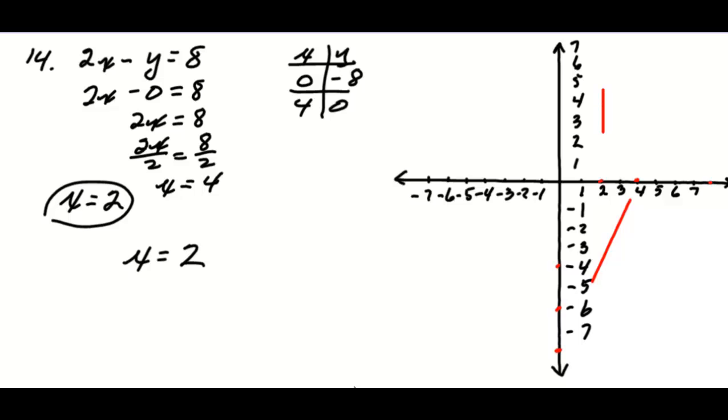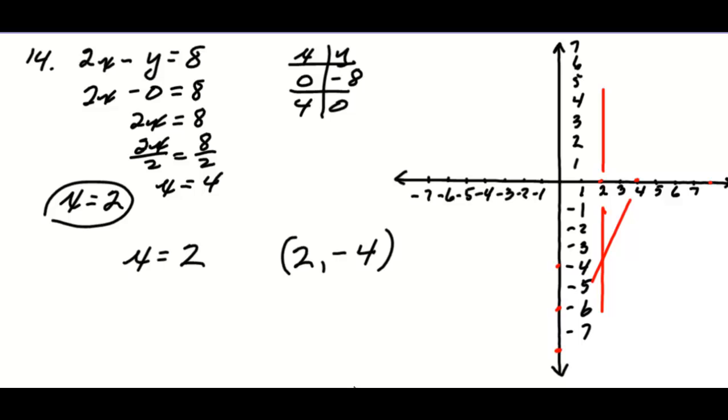It would be a straight line. It would come down like this. All right? And where they intersect should be at the point x is 2, has to be because in the first one, and y turns out to be negative 4. May not look like quite on my graph, but it's close enough.